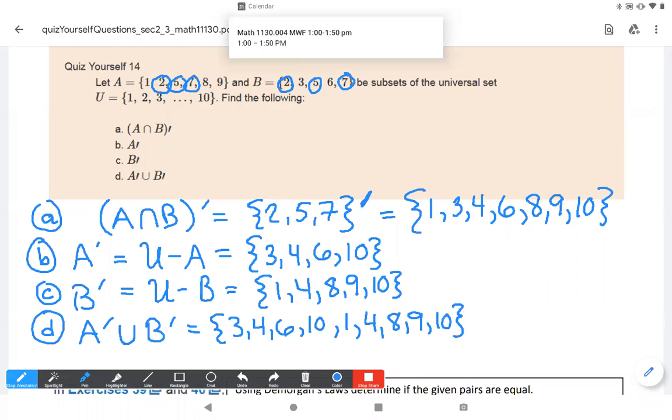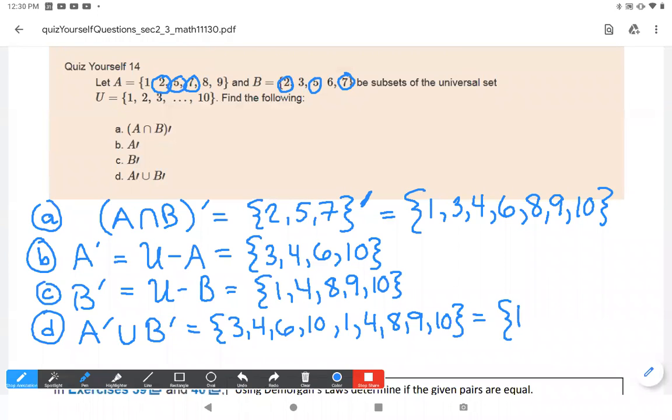But then by convention, we reorder and remove repetition. So 1, 3, 4, 6, 8, 9, and 10.